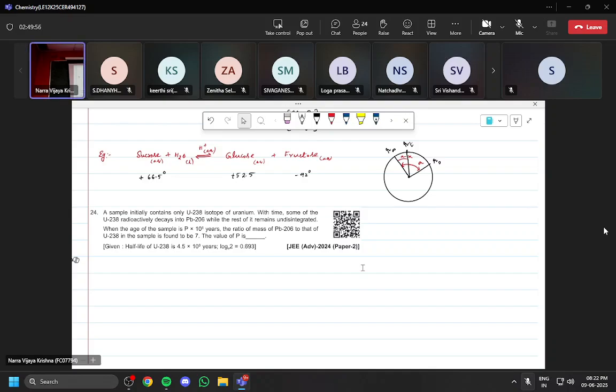When the age of a sample is P into 10 power 8 years, the ratio of mass of lead 206 to that of uranium 238 in the sample is found to be 7.